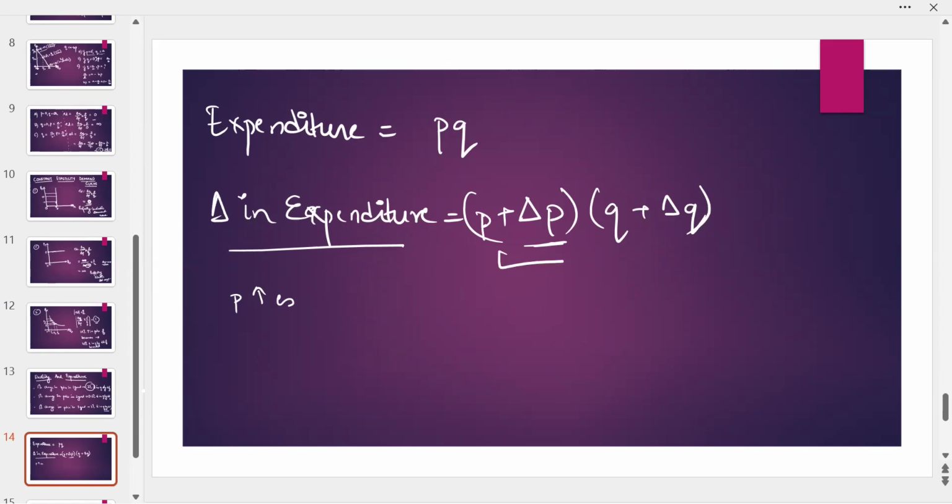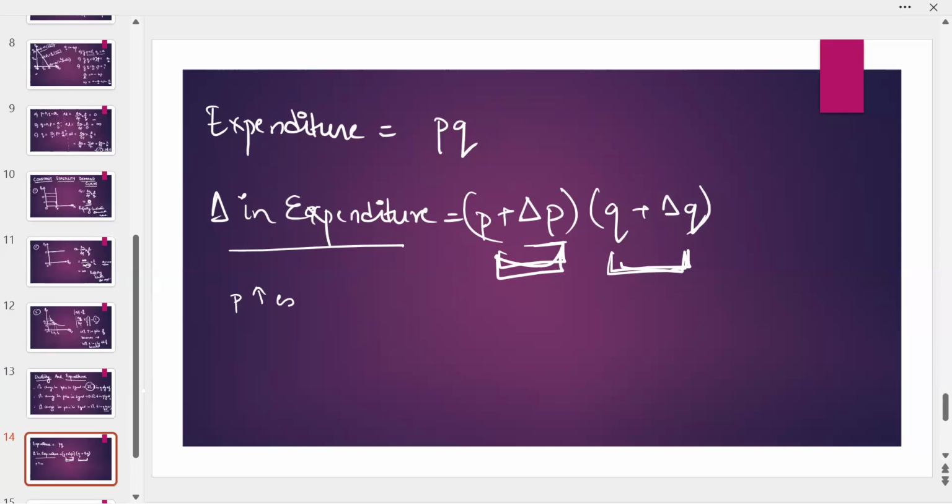Definitely, because this part will increase. However, this part will fall. Now we want to see in what scenarios there will be a rise in expenditure, and in what scenarios there will be a fall in expenditure, right?